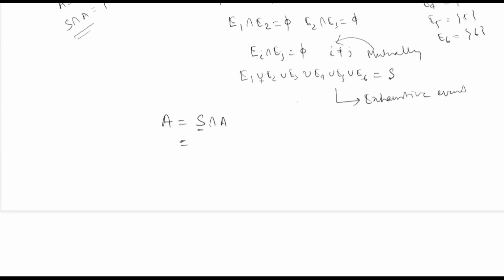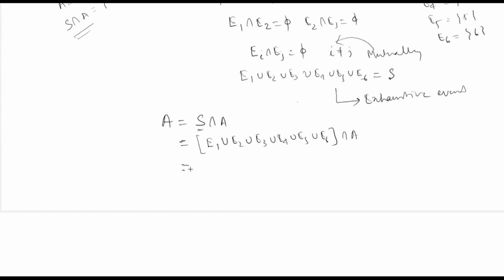Now what I'm doing is replacing S with all the partitions, instead of having S alone. So I'm saying this is E1 union E2 union E3 union E4 union E5 union E6, intersection A. I've just replaced S with this. Can I do that?